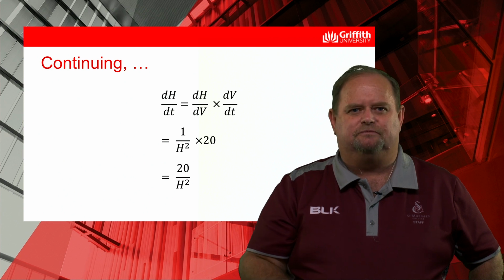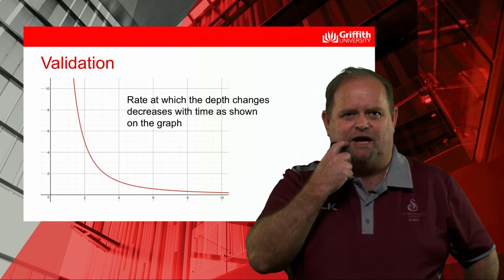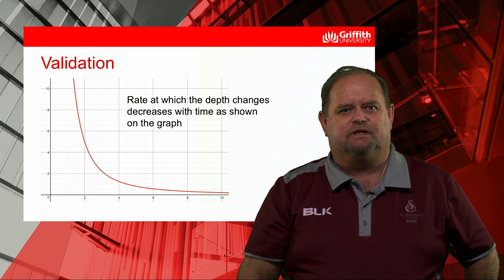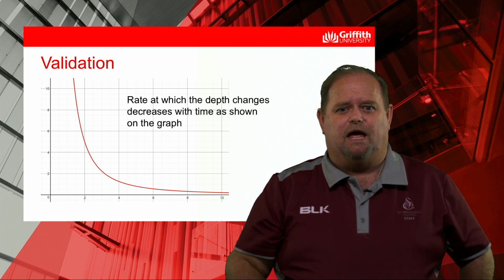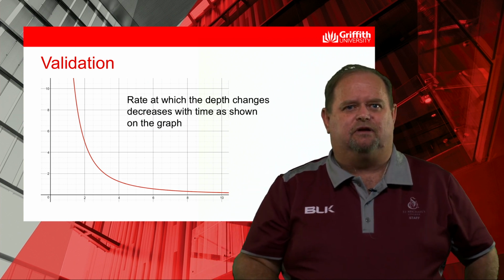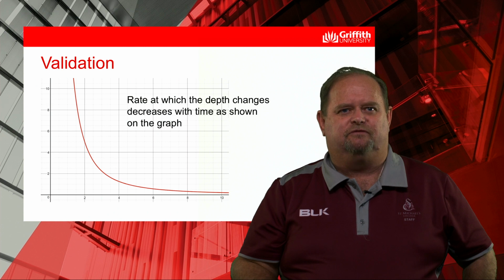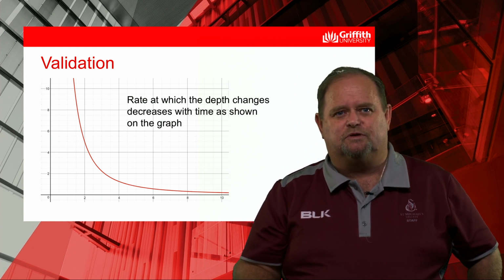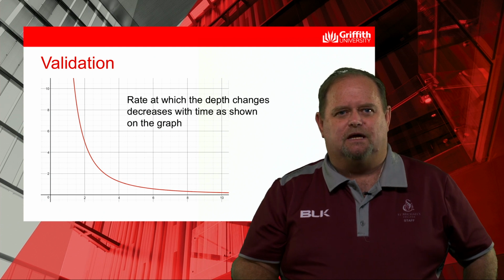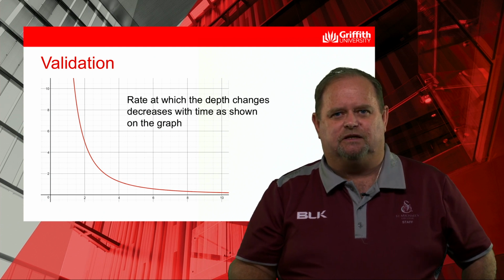So if I was to look at that in a graph, there's y equals 10 over x squared. And I look at the relationship there, and I can see that the rate very quickly slows down the more water's poured into it. And we can validate the result.